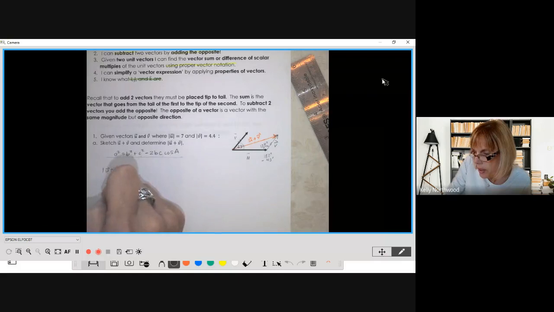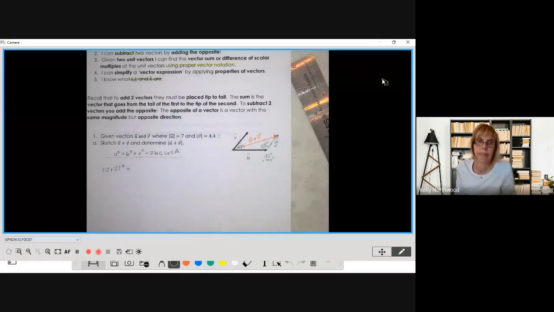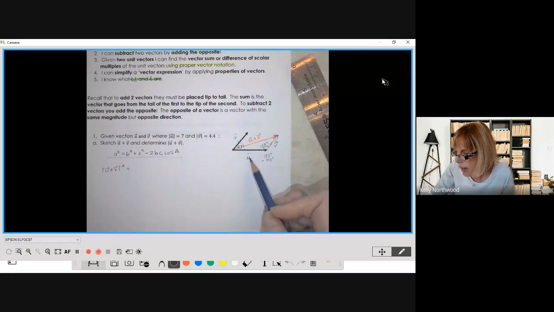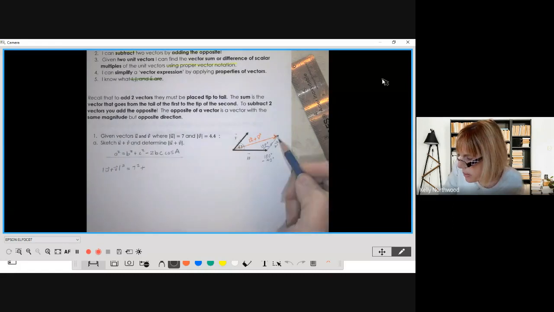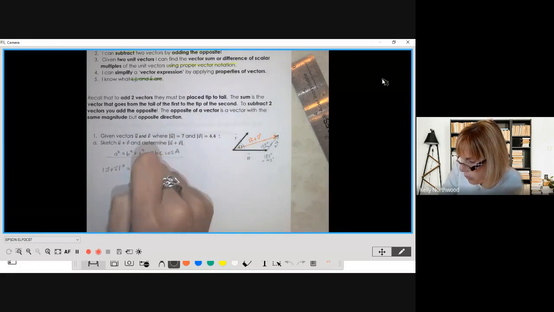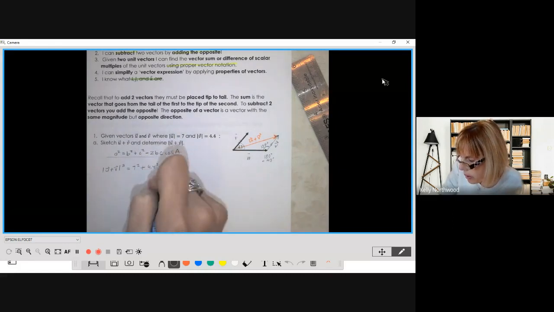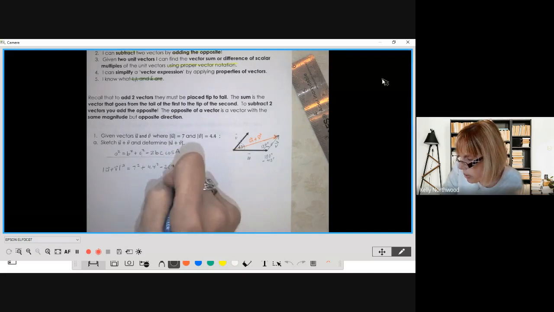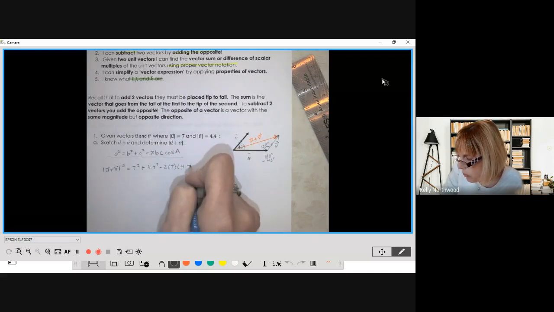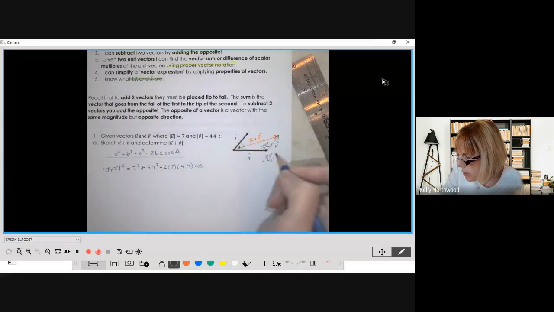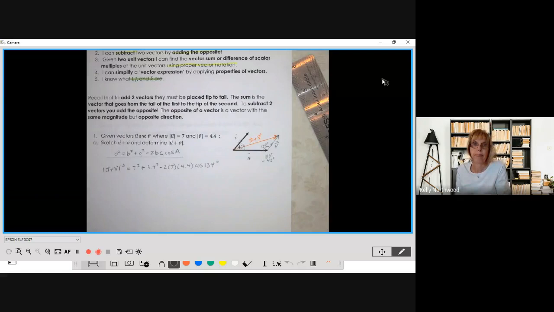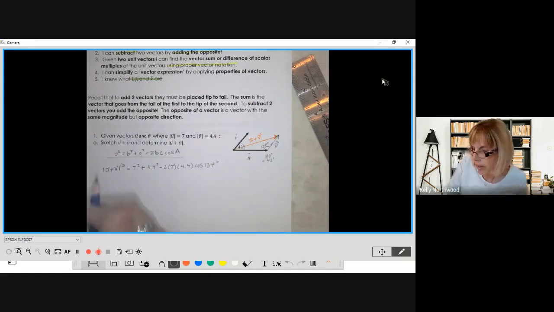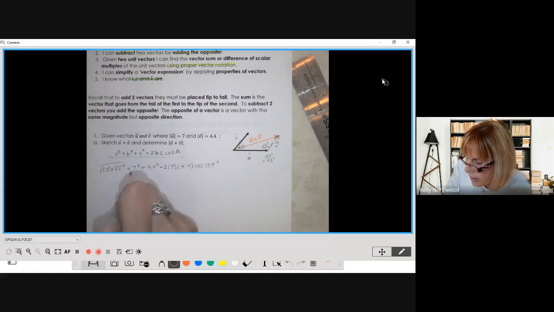And since I'm following the cosine law, the magnitude of u plus v squared is equal to the magnitude of vector u, so 7 squared, plus the magnitude of vector v, which is 4.4 squared, minus 2 times 7 times 4.4 times the cosine of 137 degrees. And then we want to square root both sides.